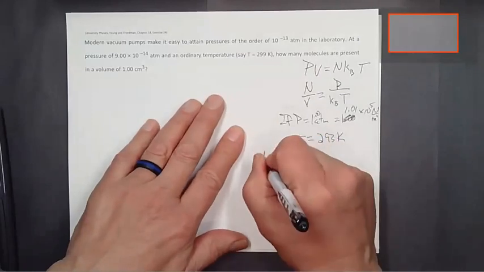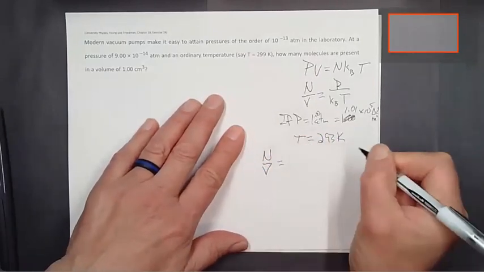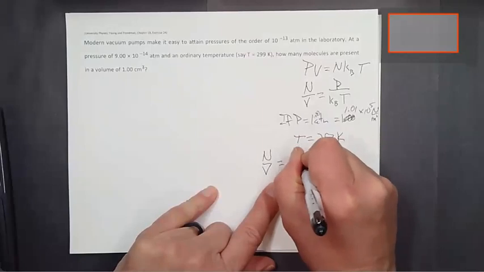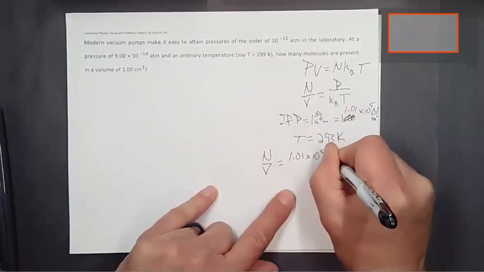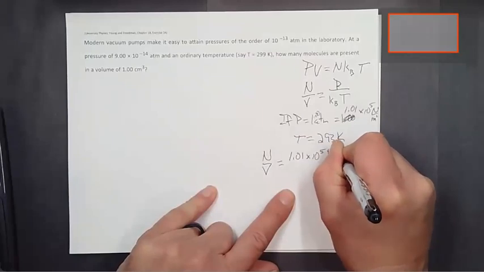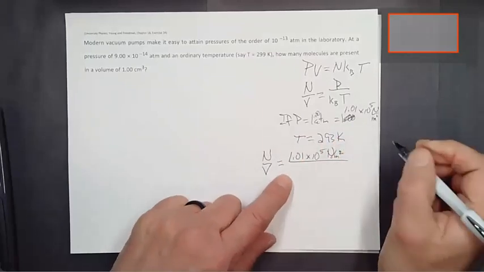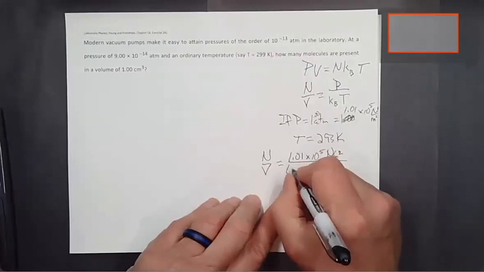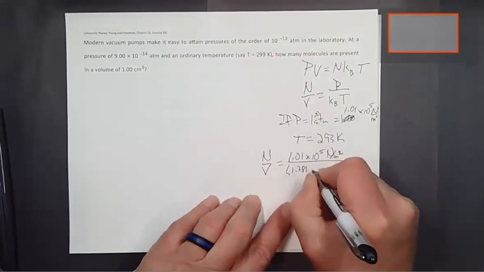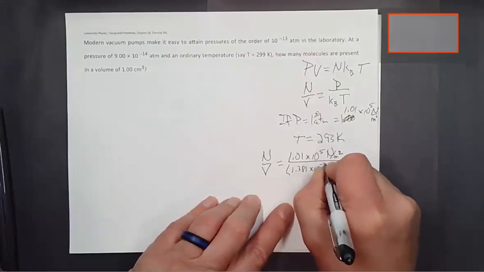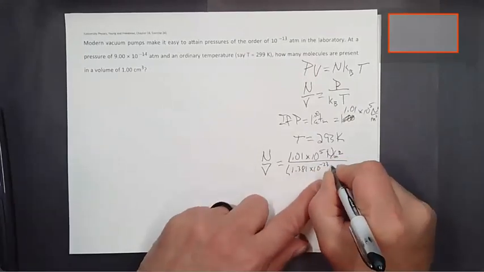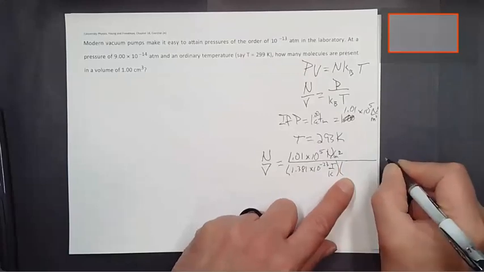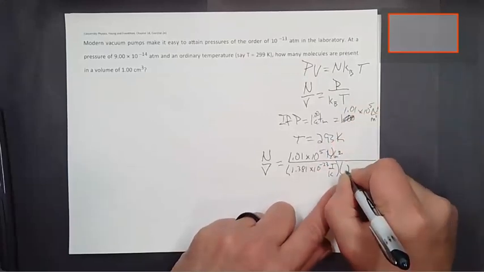Then the number of particles per unit volume in the room is going to be 1.01 times 10 to the 5th newtons per square meter, divided by k_B, that's the one that I had written over here, 1.381 times 10 to the minus 23rd joules per Kelvin, and then I've got the temperature of 293 Kelvin.